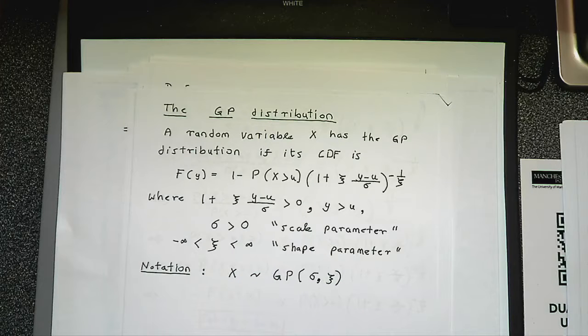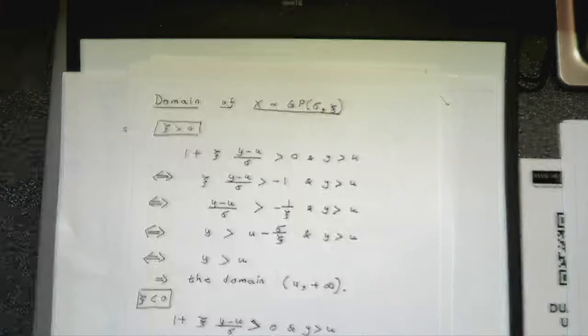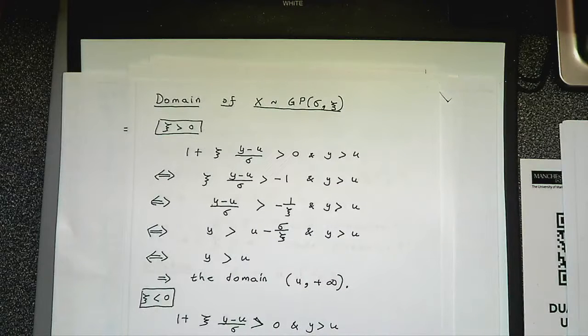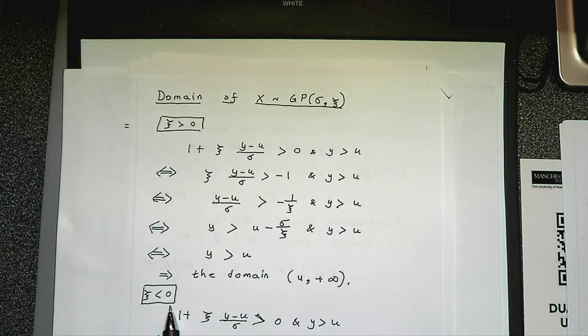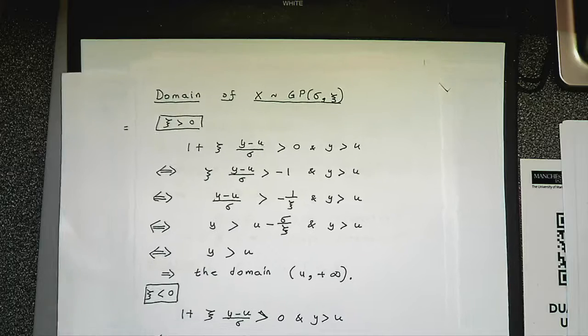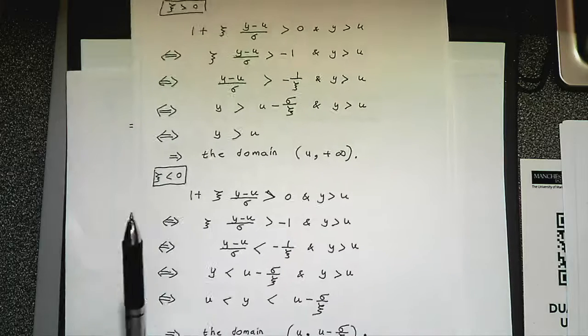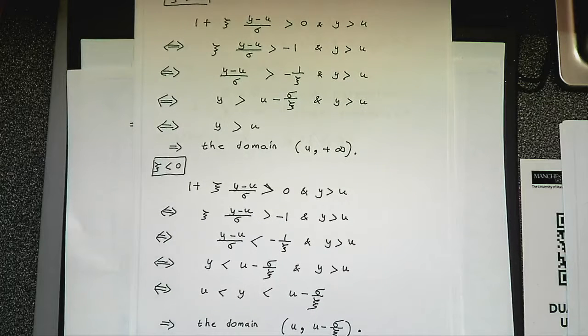Okay, so the domain of y again depends on the value of the shape parameter. If it is positive, then the domain is this. If it is negative, the domain is this.